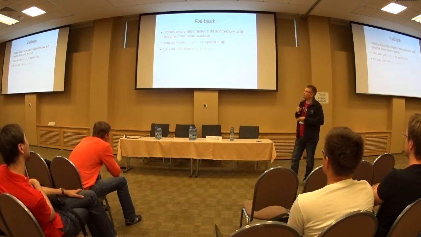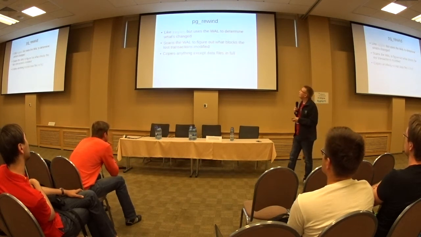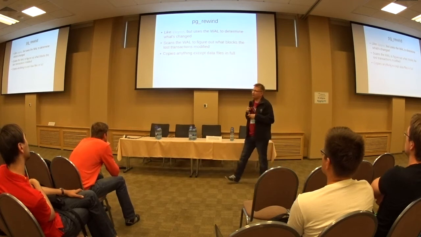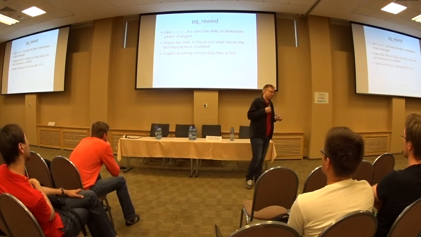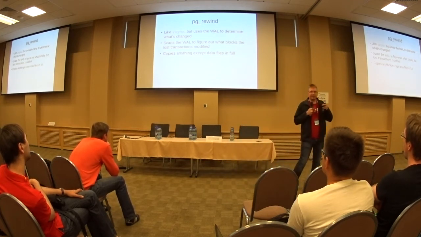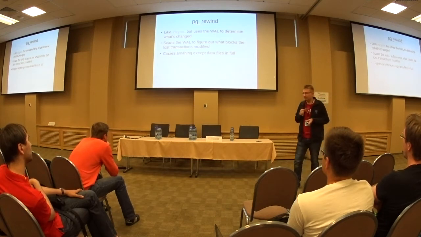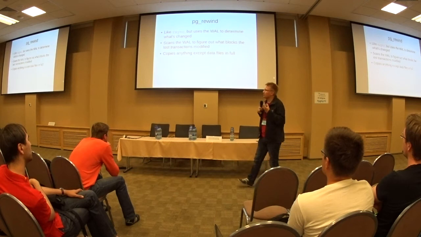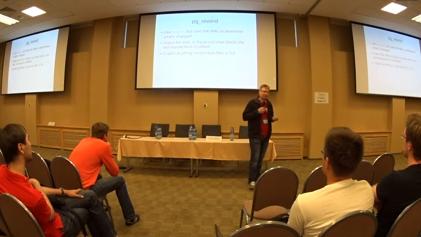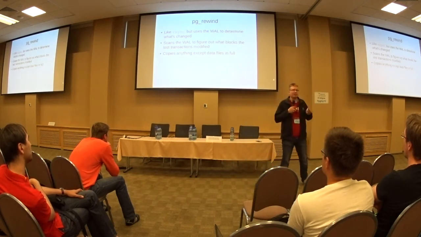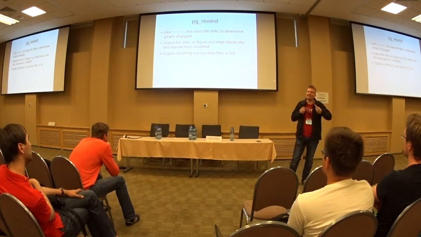So PG Rewind is a solution to that. The way to think about PG Rewind is that it is exactly like rsync, except that instead of scanning through the files and calculating checksums like rsync does, PG Rewind looks at the transaction log to see what has changed, because all the information is there. That's what we have the WAL for. It records everything that has changed.